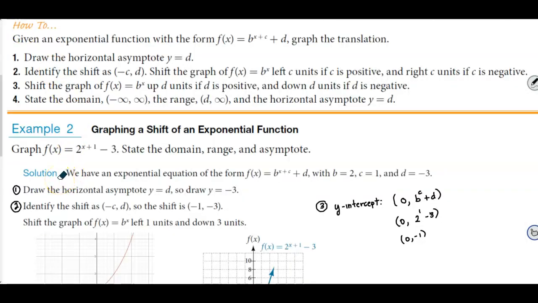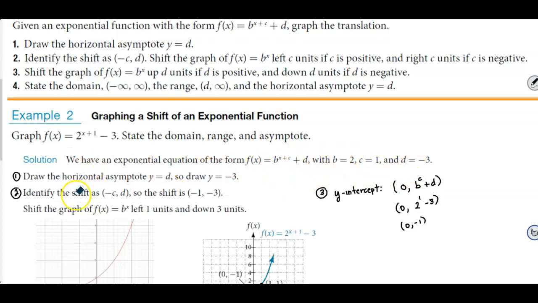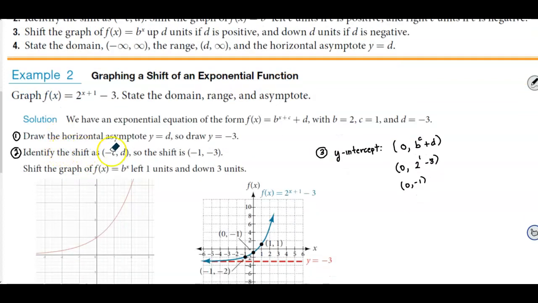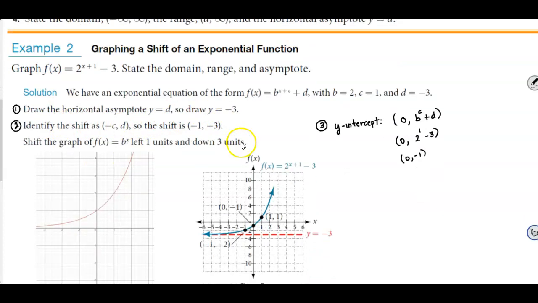In order to graph this, we have an exponential equation of the form f of x equals b to the x plus c, plus d, with b equal to 2, c equal to 1, and d equal to negative 3. The first thing we want to do is draw the horizontal asymptote, y equals d, so we're going to draw y equals negative 3.